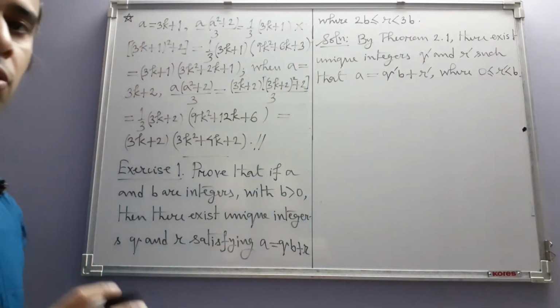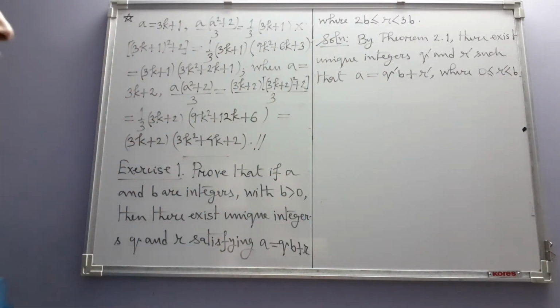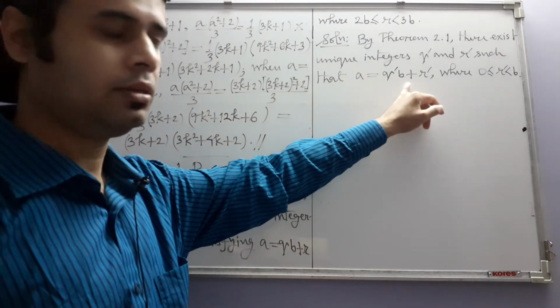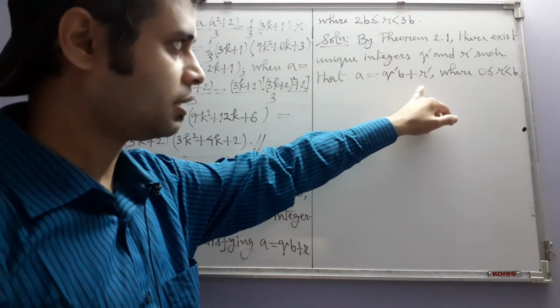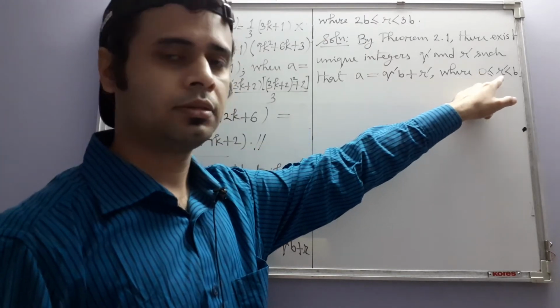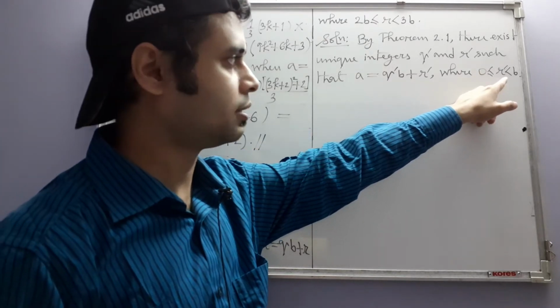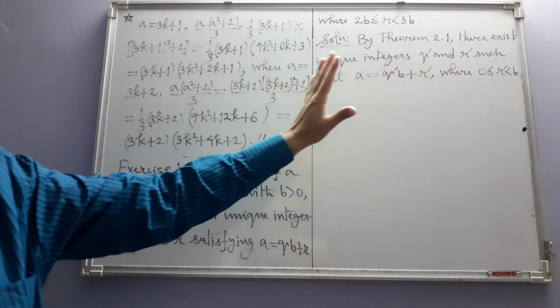So this is our ordinary division algorithm. That is, when we divide a by b, we get a unique quotient q prime and a unique remainder r prime, such that the remainder is non-negative and is strictly less than the divisor b.